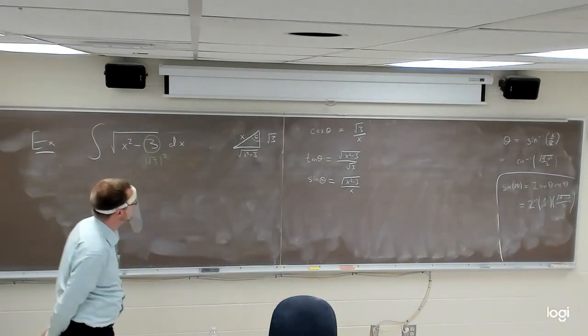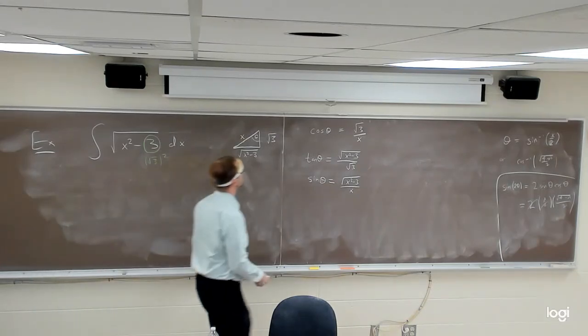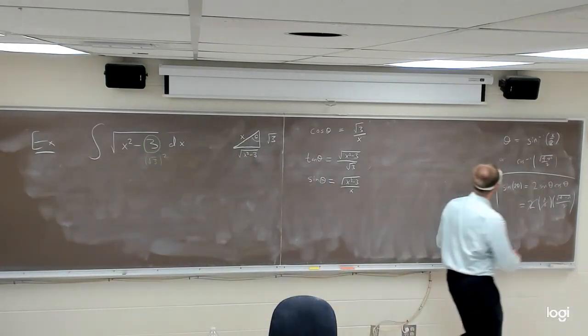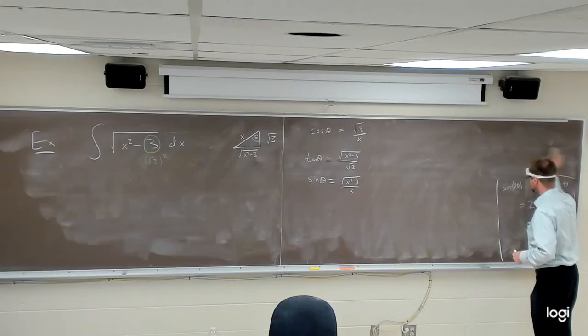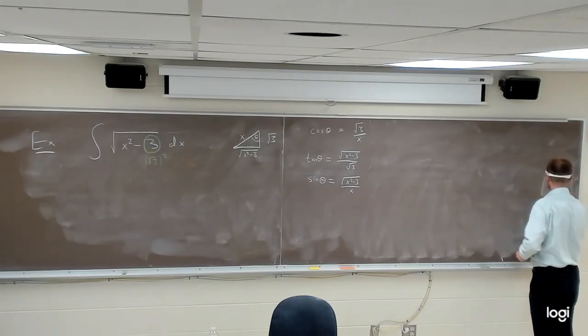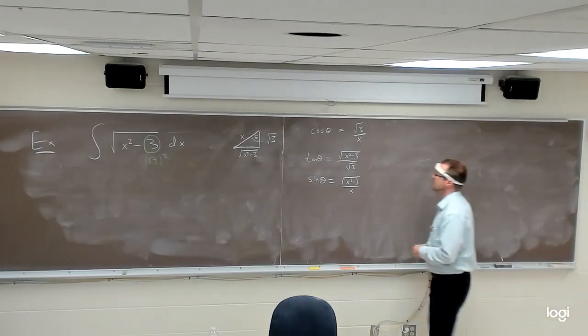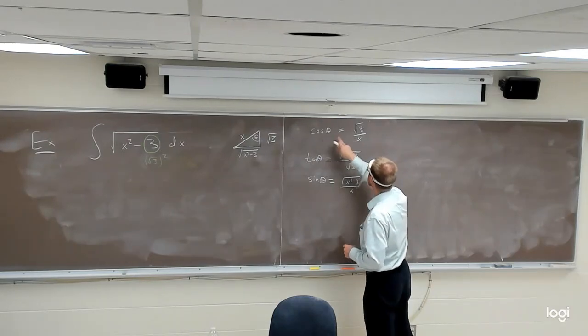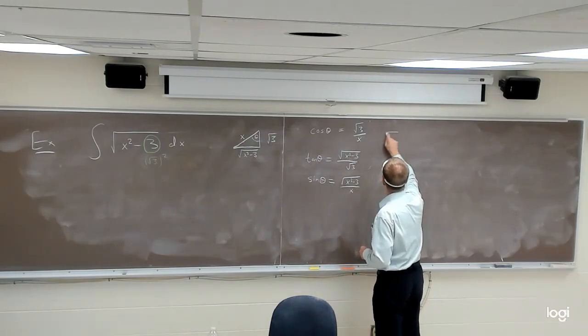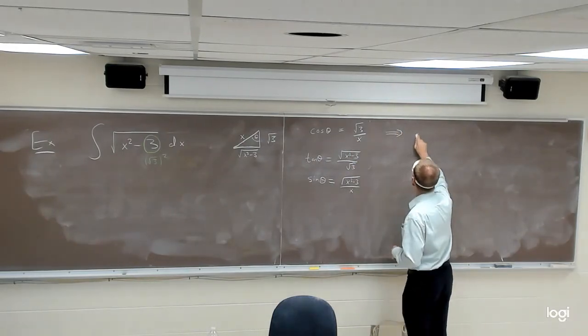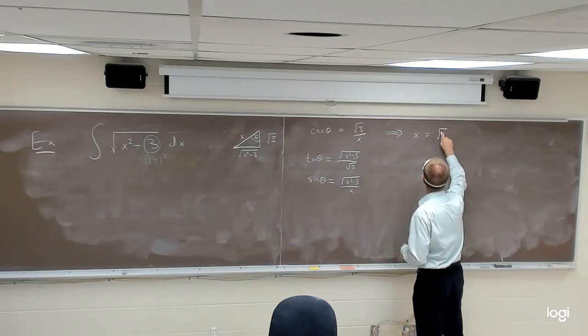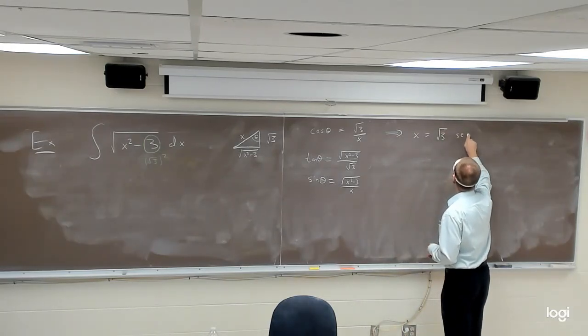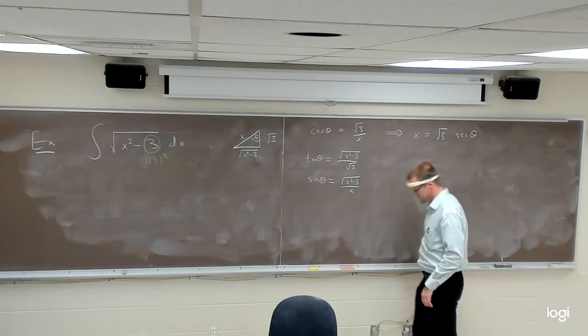Now, I want to solve for x in terms of theta. If I rearrange this, I'm going to end up dividing by the cosine. X is root 3 times the secant of theta.